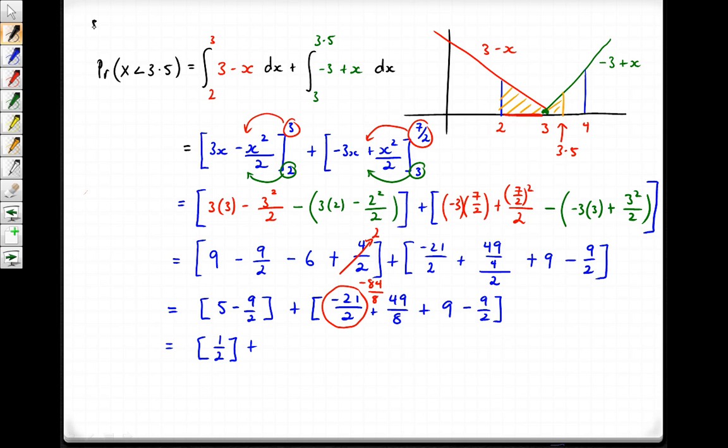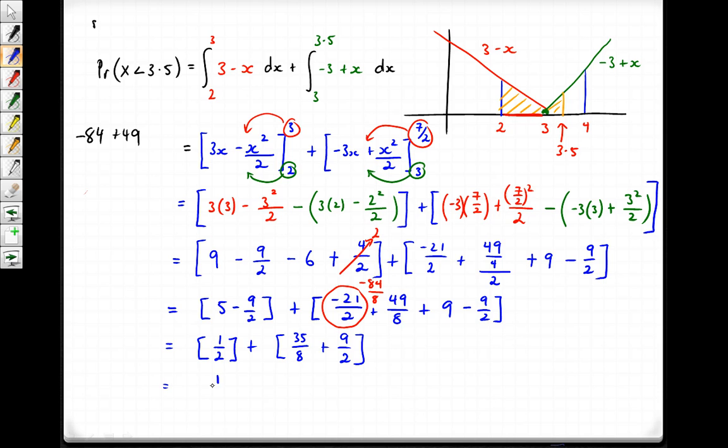So 84 minus, plus 49. So that's going to be 35. I hope. And again, this is plus 9 minus 9 on 2, so that's plus 9 on 2.